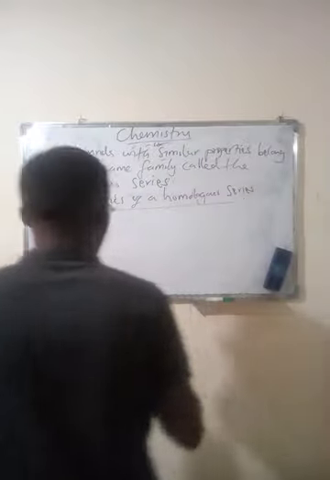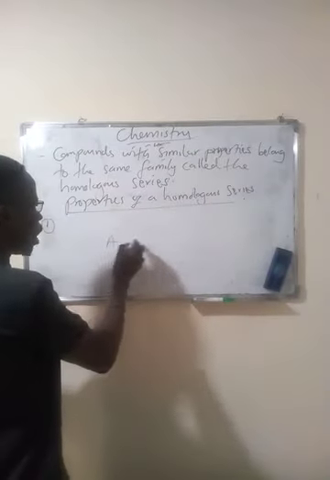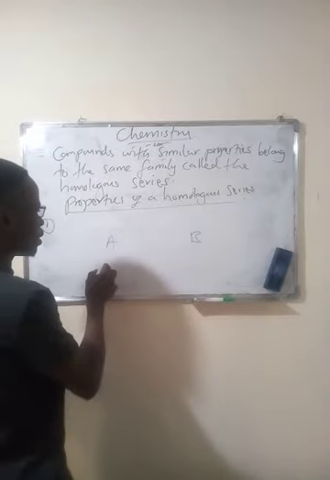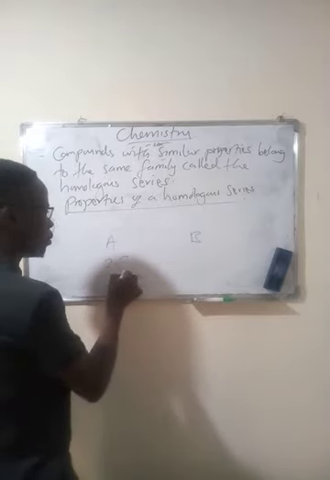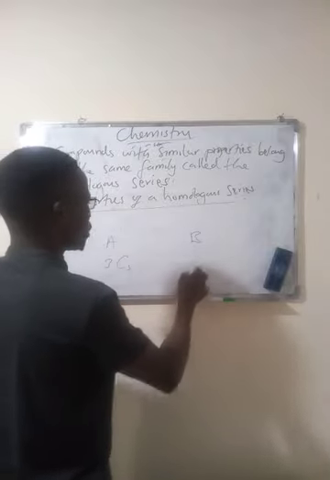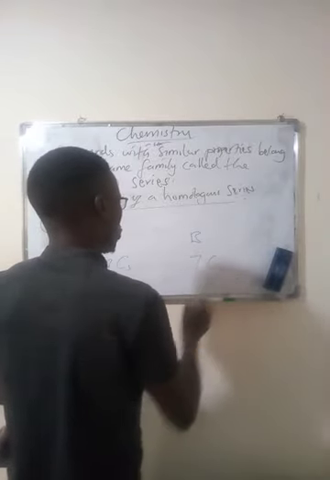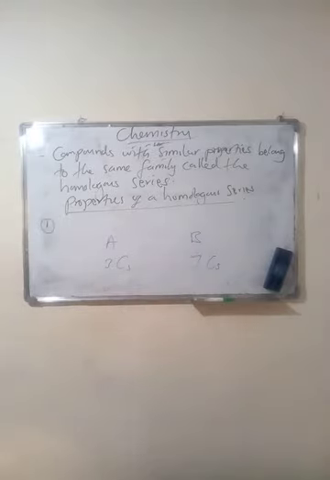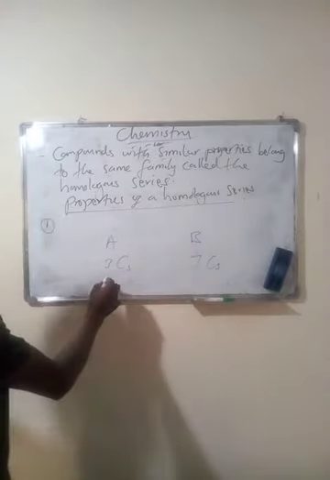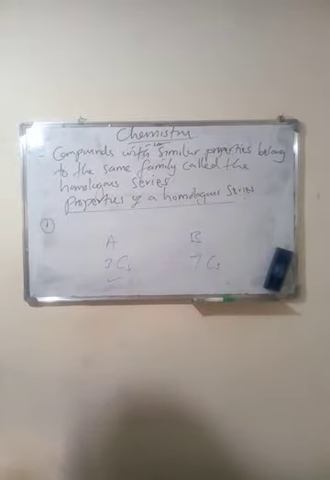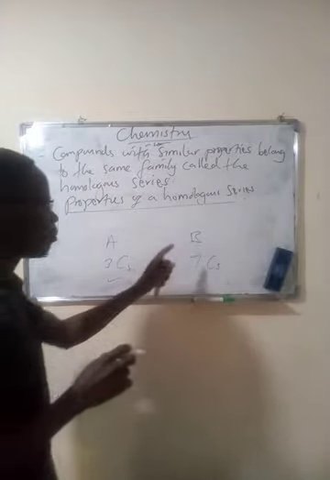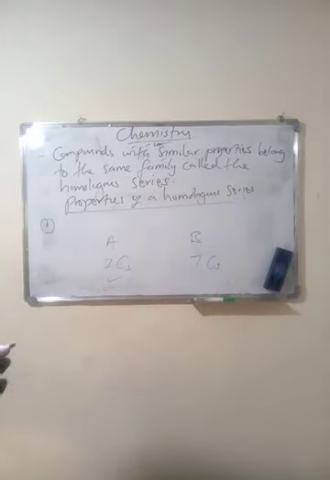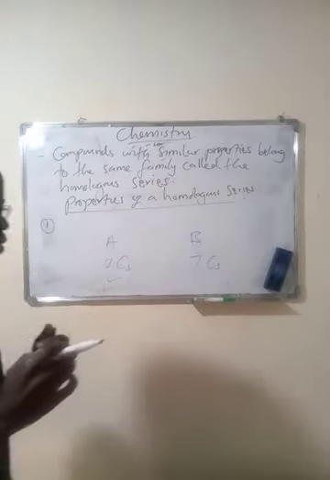So, for example, if we have compound A and compound B, and compound A has, let's say, 3 carbon atoms, and compound B has, let's say, 7 carbon atoms, which one would you say is more reactive than the other? Definitely, we are going to say that compound A is more reactive than compound B, because compound B has more carbon atoms. So the higher the number of carbon atoms, the lesser the reactivity, okay?